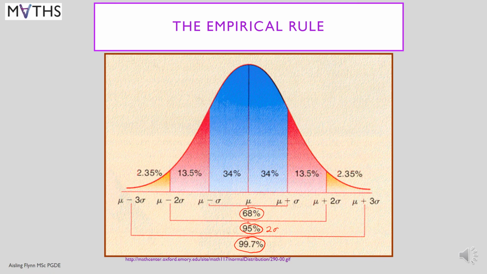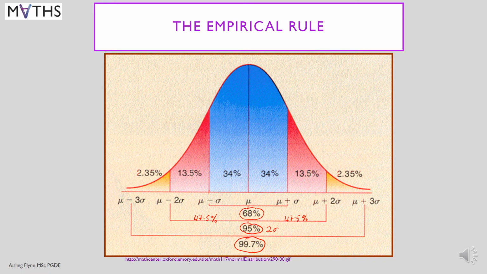Now if we split that into two as we did previously, you would get 47.5% to the right and 47.5% to the left. Now if you do 47.5 minus 34, it's going to give you the 13.5, so that's where that comes from.